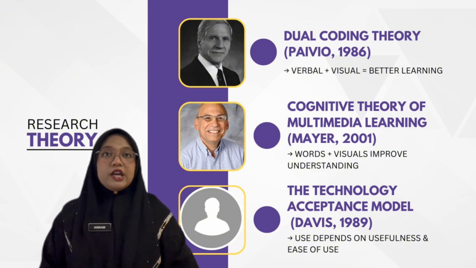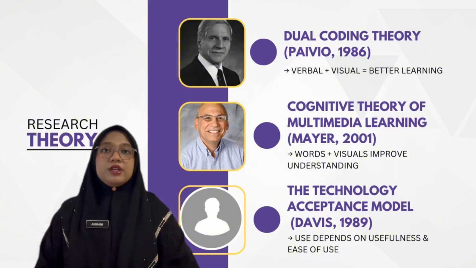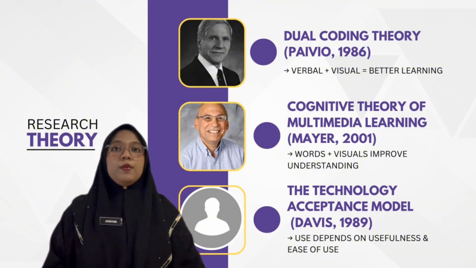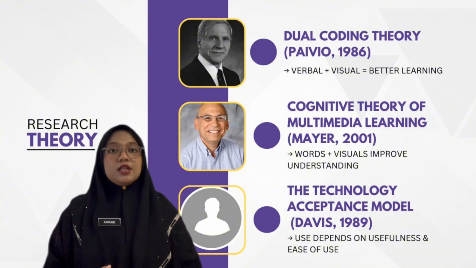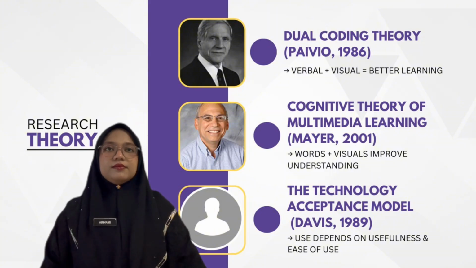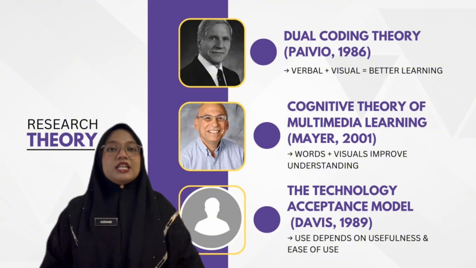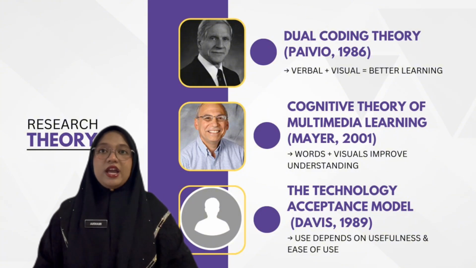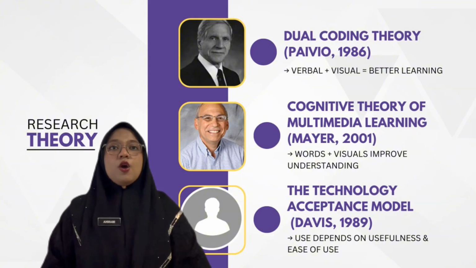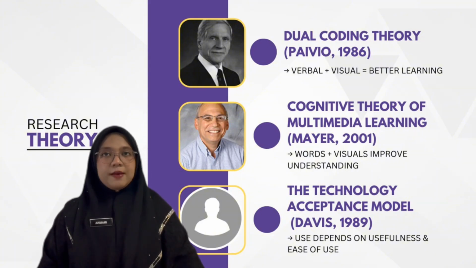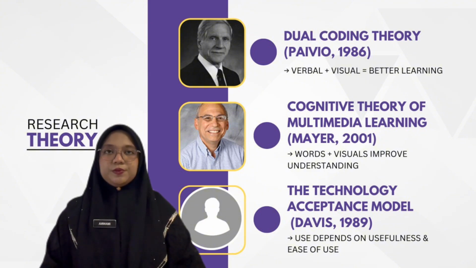When both systems are used together, learning becomes more effective because learners are able to form stronger mental connections between the concepts. In this study, this theory supports the use of visual representation in grammar teaching, as combining verbal explanation with visuals can help learners better understand abstract grammar concepts.